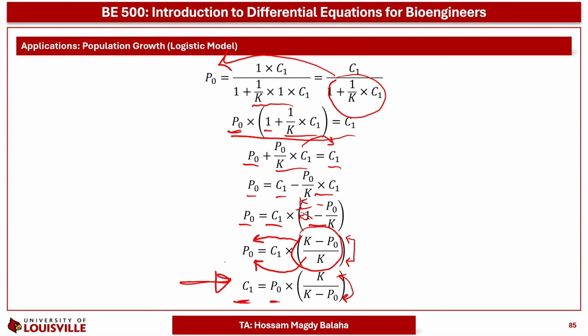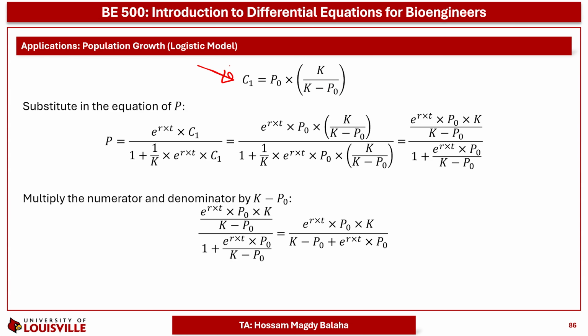Now we have C1. Using C1, substitute in the equation. Simplify this equation. It will be exponential of RT multiplied by P naught multiplied by K over this factor, and here will be 1 plus, this will cancel each other, exponential of RT multiplied by P naught divided by this factor.